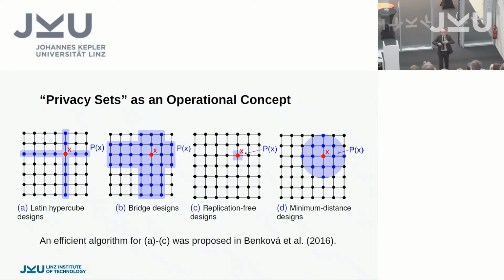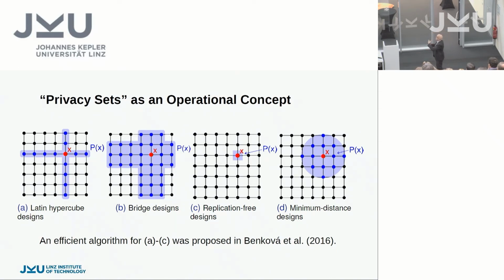So you can define a certain structure for these sets. And in this case, for instance, the privacy sets look like this. They are like crosses. And of course, when you utilize the privacy set as a concept, this would then lead to Latin hypercube designs, because you're excluding points that are in the same row and the same column. Okay.